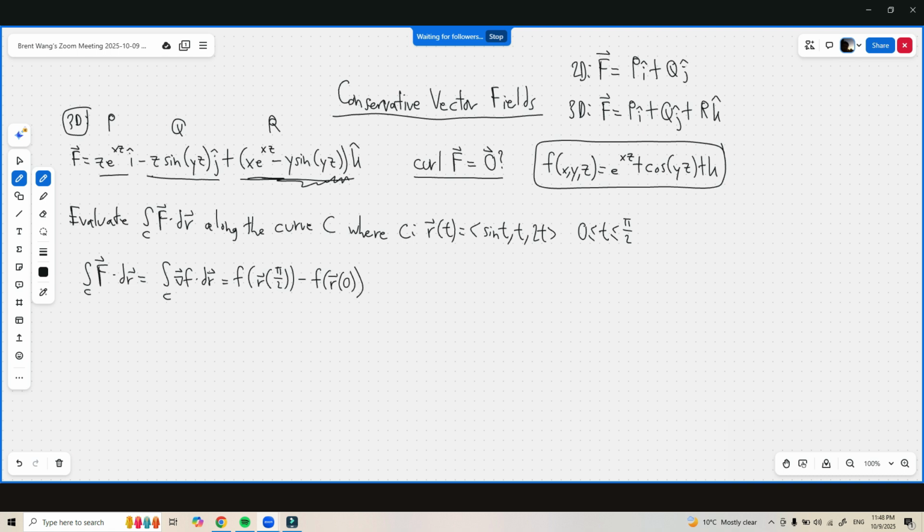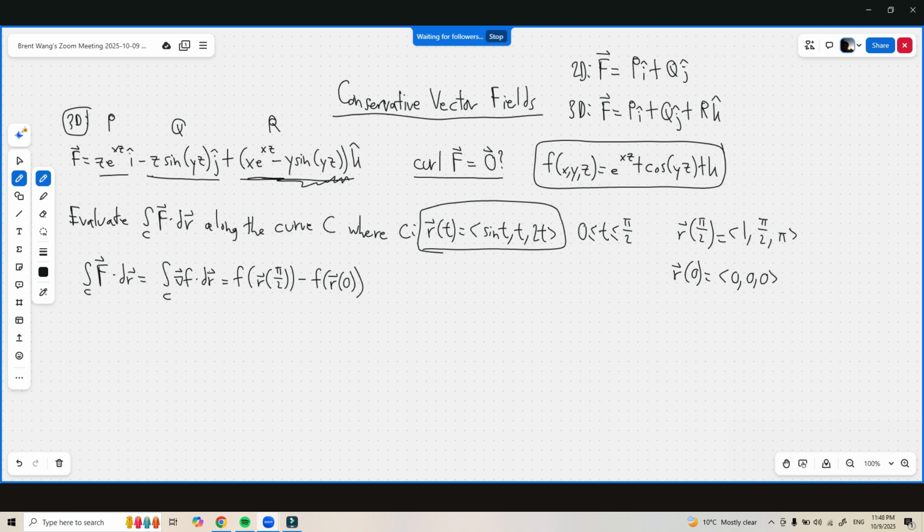So let's evaluate these position functions. r of pi over 2, r of t is right here. r of pi over 2 is equal to sine pi over 2, that's 1, pi over 2, and pi. r of 0 is equal to 0, 0, 0.